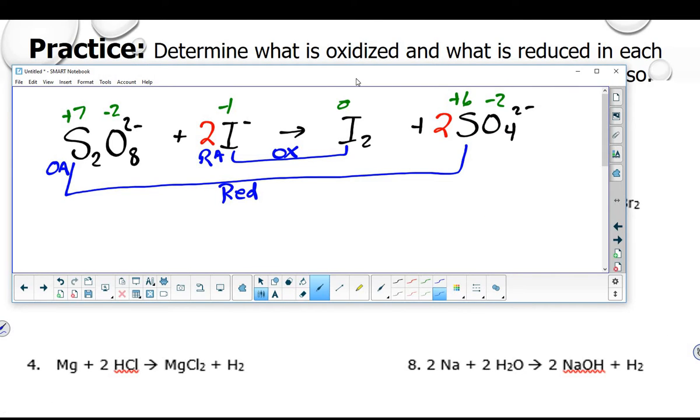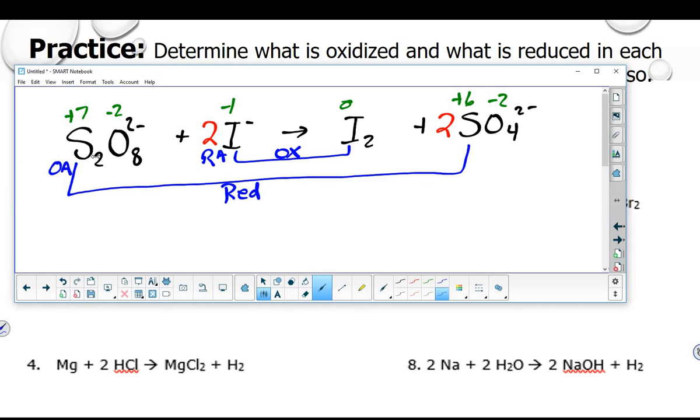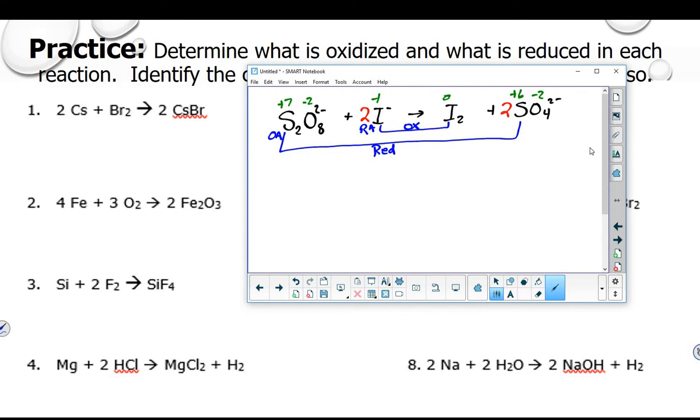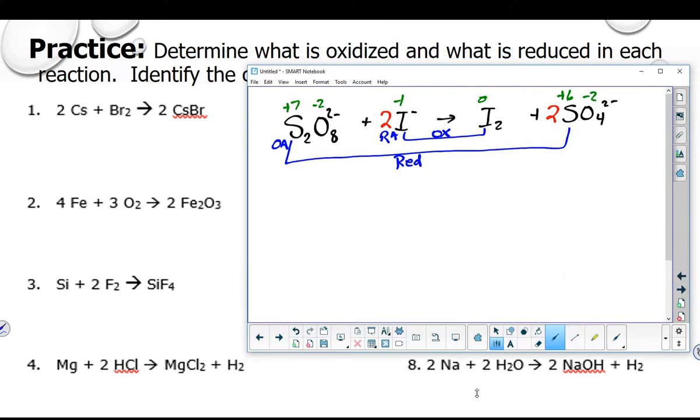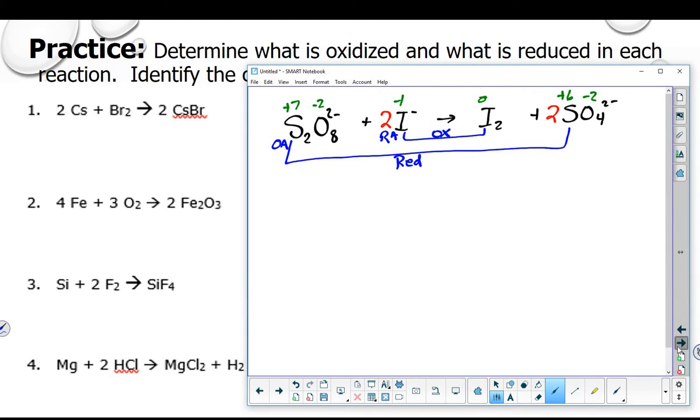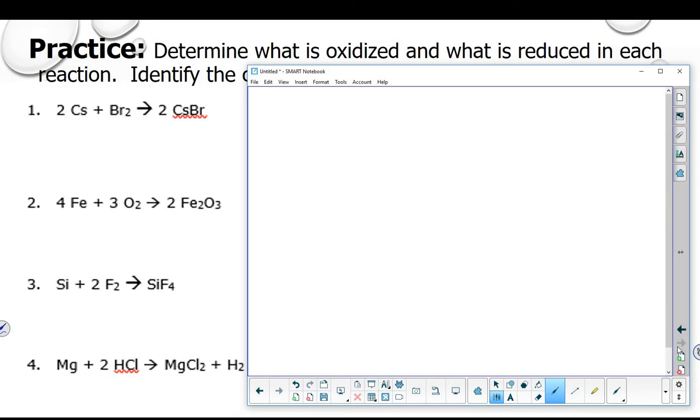You're doing everything we did before. You don't even have to balance these equations. They're already balanced for you.